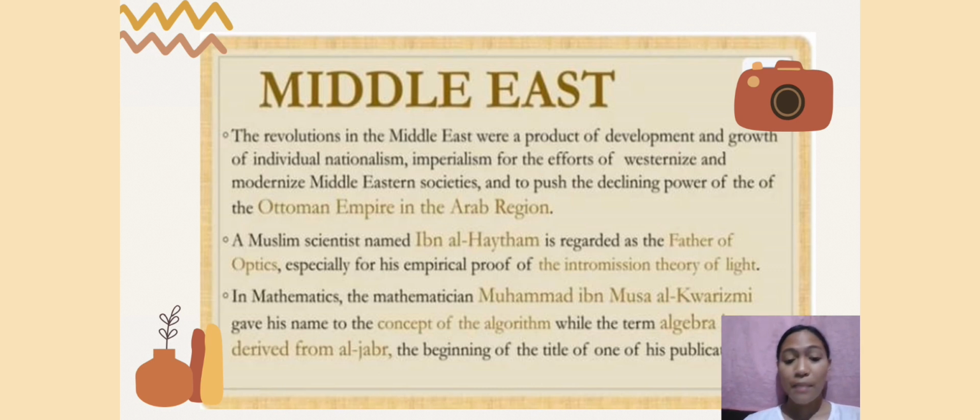And in mathematics, the mathematician Muhammad ibn Musa al-Khwarizmi gave his name to the concept of the algorithm, while the term algebra derived from al-jabr, from the name of his book, Kitab al-Jabr, the beginning of the title of one of his publications.